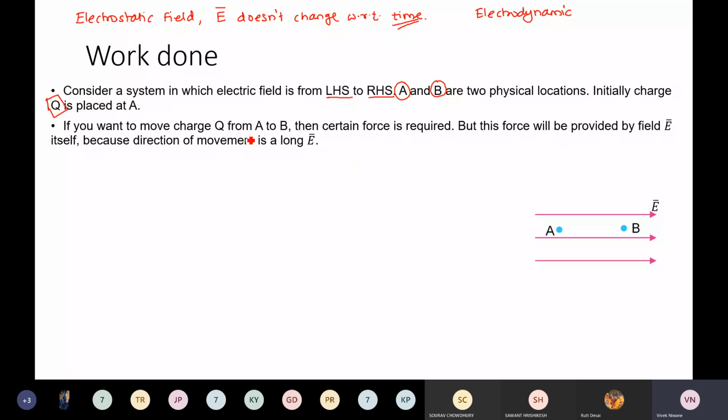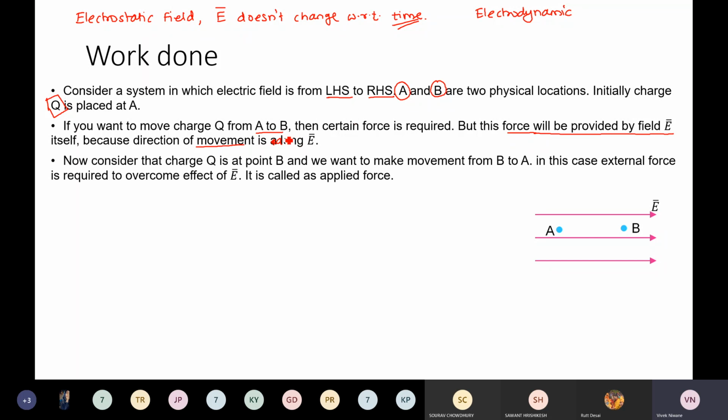If you want to move charge Q from A to B, then certain force is required. But this time, this force will be provided by electric field, because we are going along the direction of electric field, along E bar.